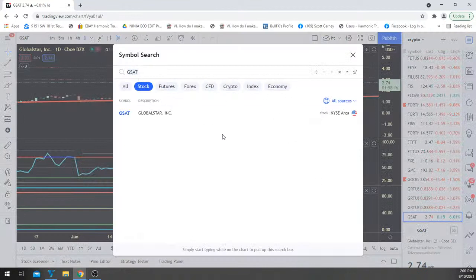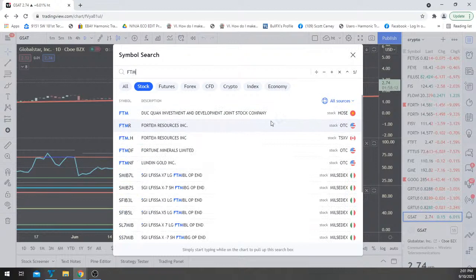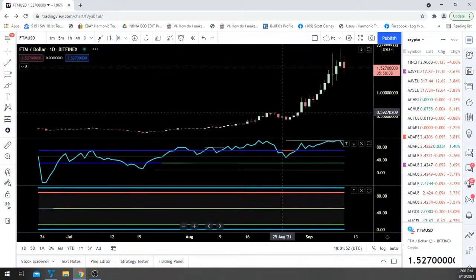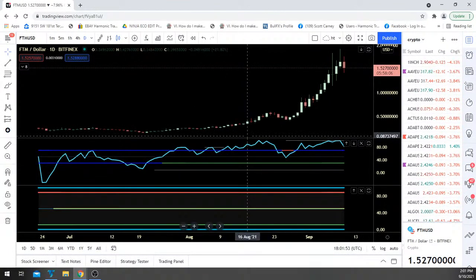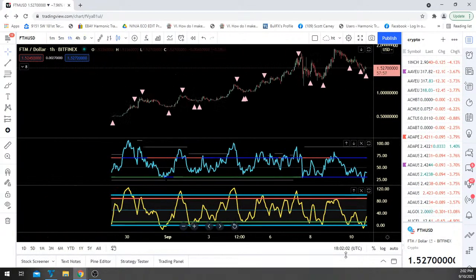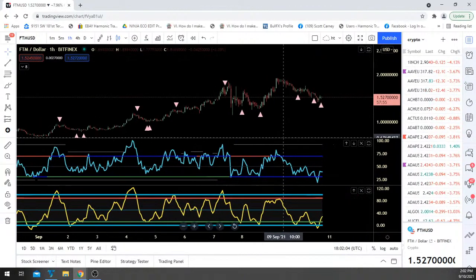I'll take FTM, although I can't even get access to that. I know that one's been running. Phantom, 152. Yeah, again, it can't do much here. On your daily, you have to just simply wait for pullbacks on the hourly time frame.